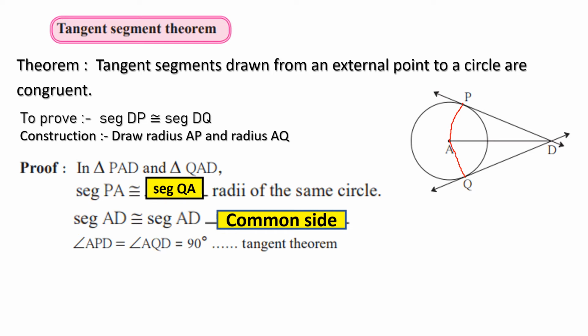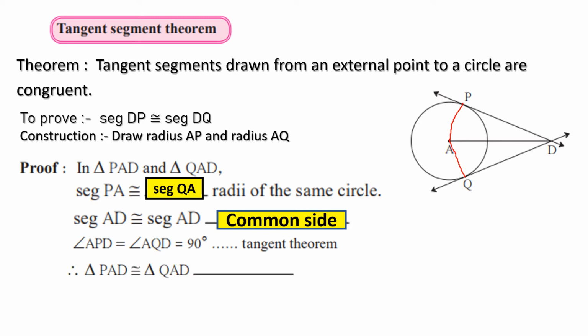In the last period you studied the tangent theorem. The statement of the tangent theorem is: a tangent at any point of a circle is perpendicular to the radius at the point of contact. So by this theorem, angle APD is equal to angle AQD, which means at point P and at point Q, the angle is 90 degrees.